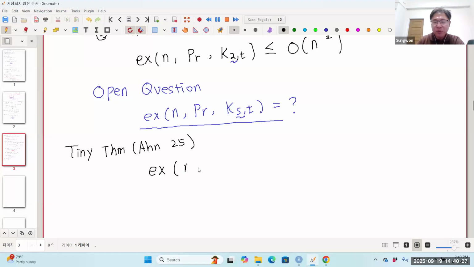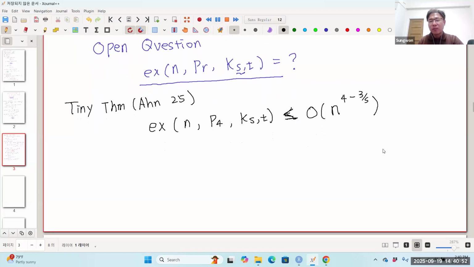The number of P4 when complete bipartite K_S,T is forbidden is less than or equal to order of N to the 4 minus 3 over S. And in fact, it's easy to prove that.